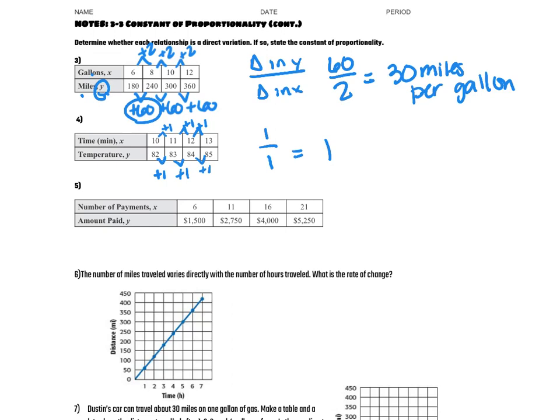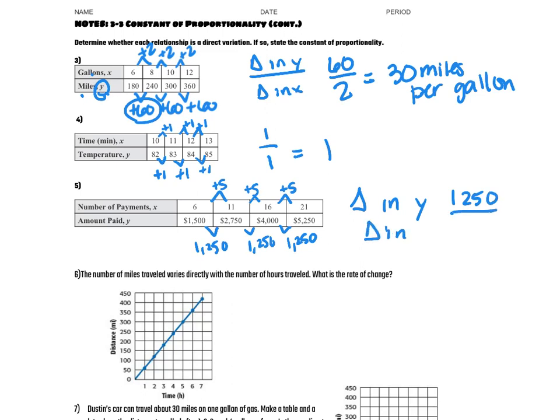Okay, so what's the change happening here? It's 5 and 1,250. So the change in Y is 1,250 over the change in X is 5, and you get 250.